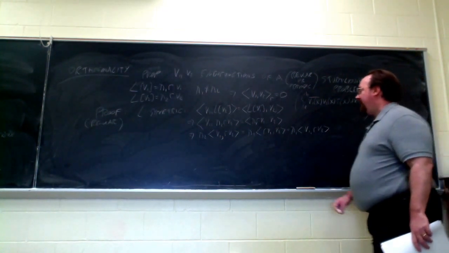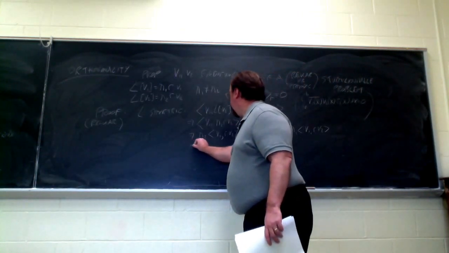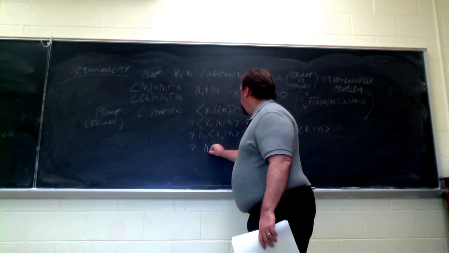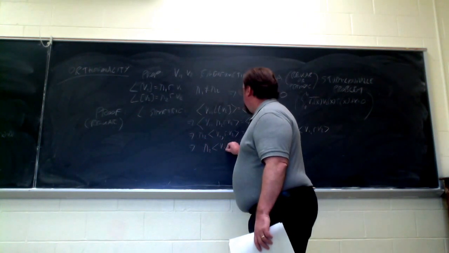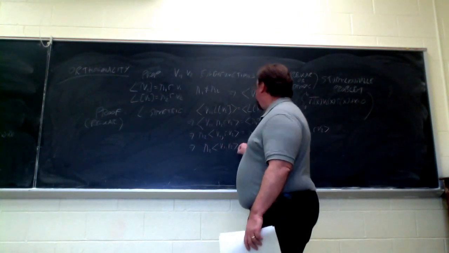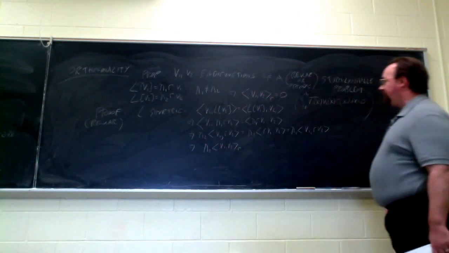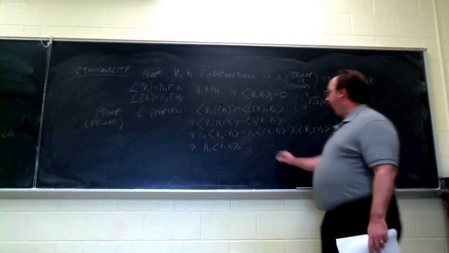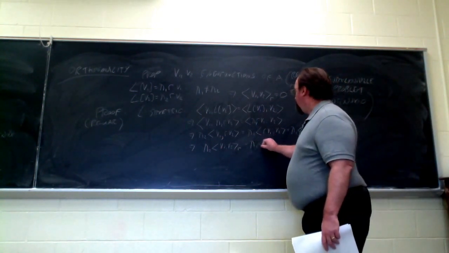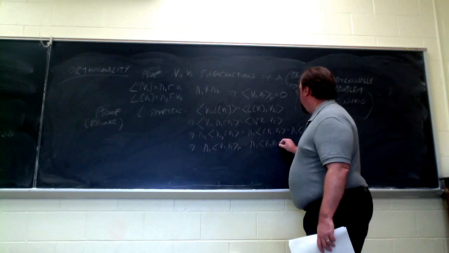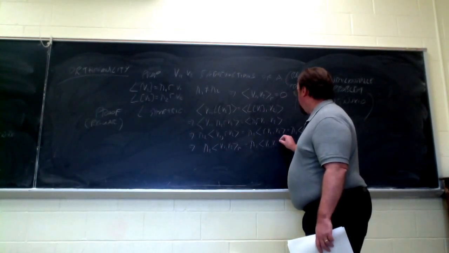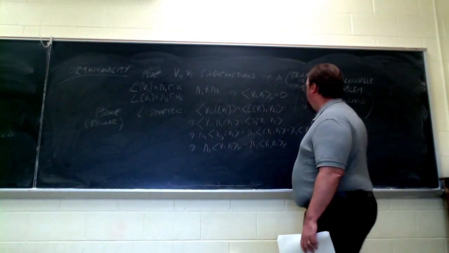So now what I have is lambda 2 times the inner product of V1, V2 with weight function R, which I'll write with R as the subscript, is equal to lambda 1 times the inner product of V1, V2 with R.